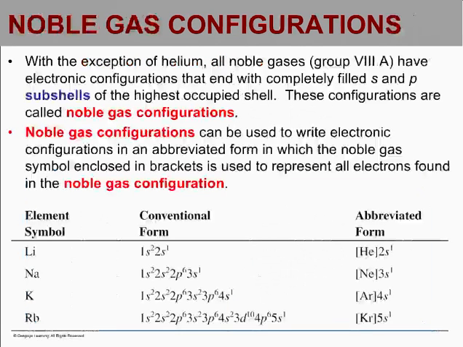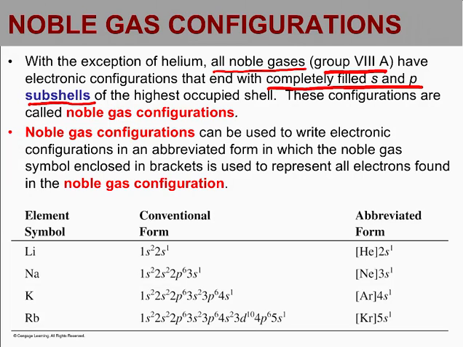And finally, we're going to talk about noble gas configurations. So this is one way that we can abbreviate an electron configuration. With the exception of helium, all noble gases, those in group 8A, have electron configurations that end with completely filled s and p subshells of the highest occupied shell.